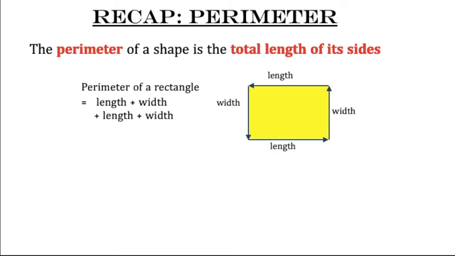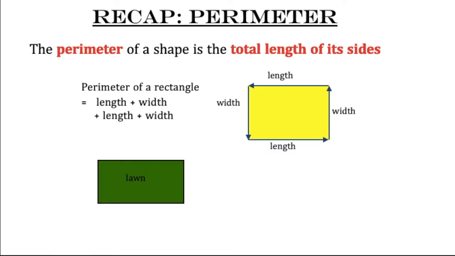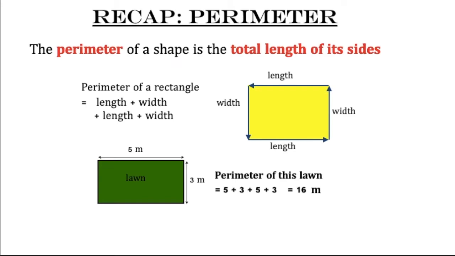A typical example: if you have a lawn that extends 5 meters on one side and 3 meters on the other side, what is the perimeter of this lawn? Because this is a rectangle, we know that opposite sides are equal. So the perimeter of this lawn would be 5 plus 3 plus another 5, which is opposite to the 5 that we know already, and plus another 3 that is opposite to the 3 that we know. It makes a total of 16 meters.